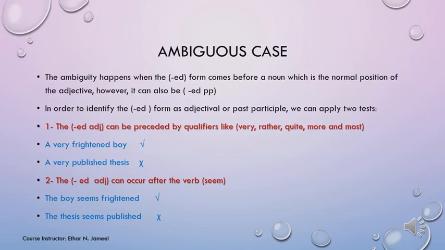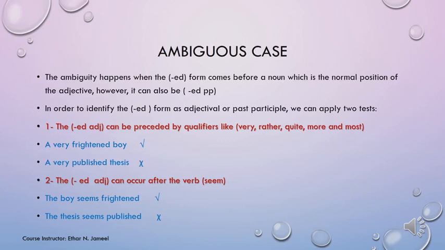We can put it before the ed form. If it is acceptable according to meaning, the ed form is an adjective. If it is not acceptable according to meaning, the ed form is not an adjective.